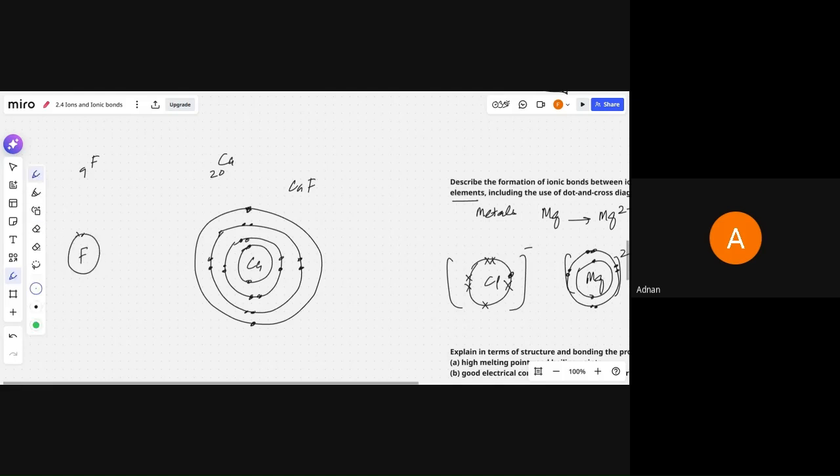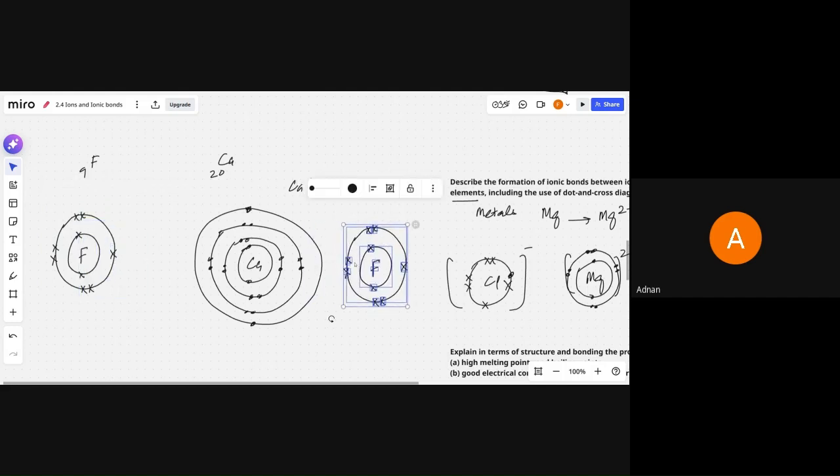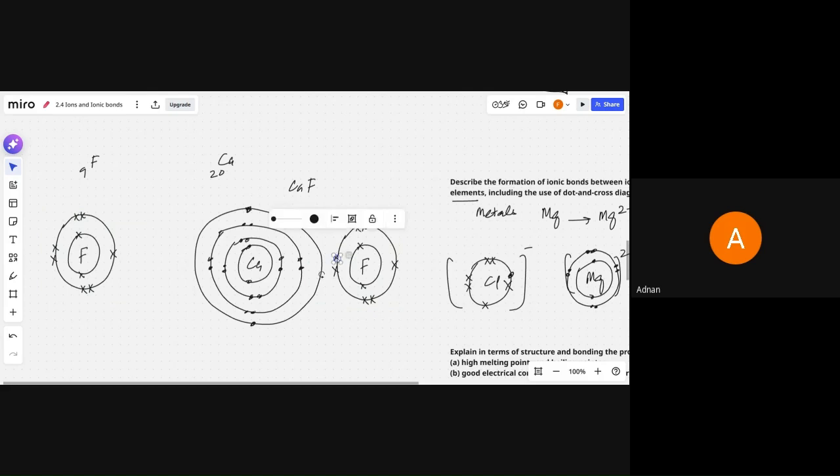So 1, 2, and 3, 4, 5, 6, and 7. 7 electrons in the outer shell. And the same will go for this other fluorine atom, right? So let me just pick this and bring it on this side.